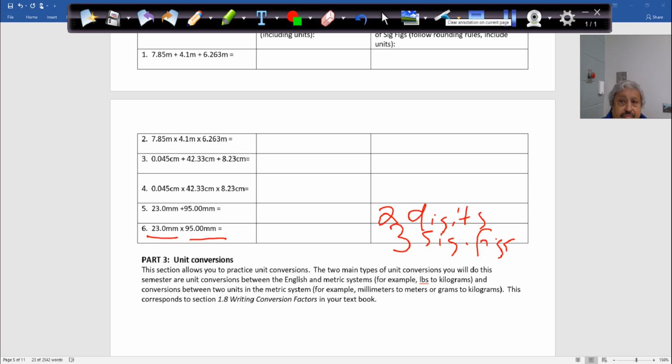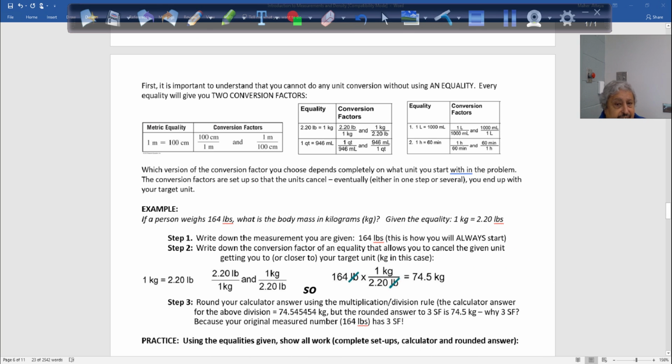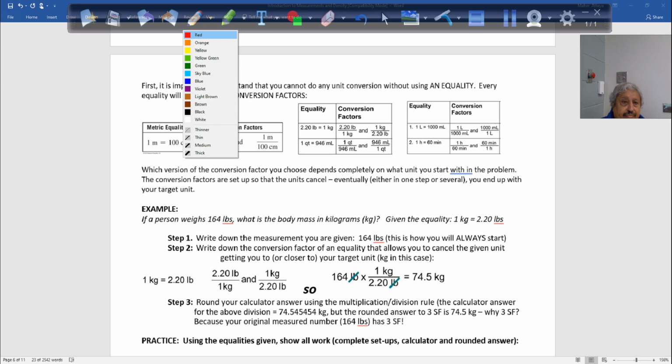Let's go down. Here we will do conversions. As I said, in the quiz or the exam you can print yourself a chart of the conversions between metric, English, and SI. Here it gives you some small tables, the relationship between metric and English.